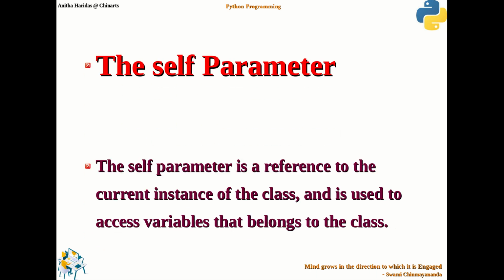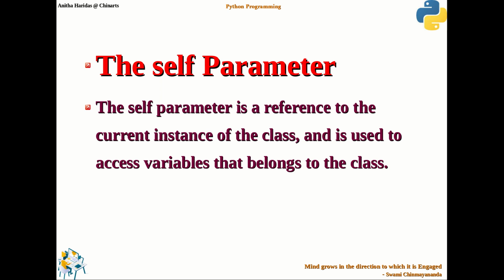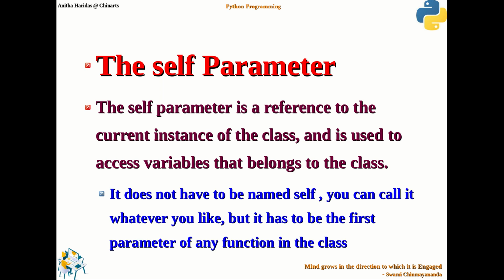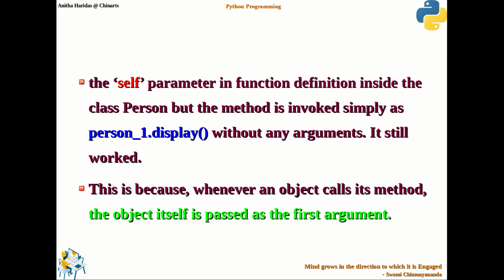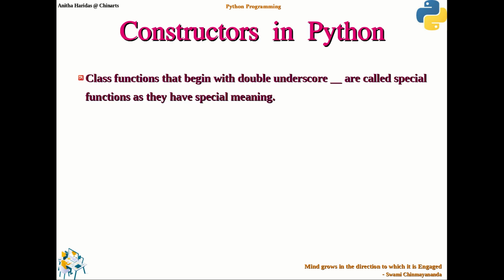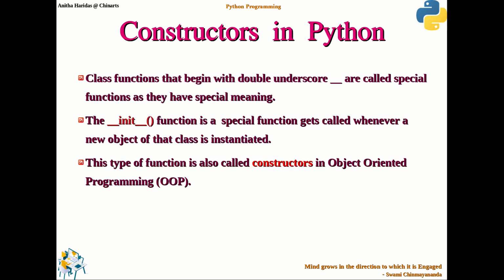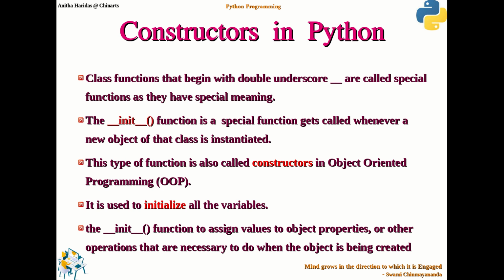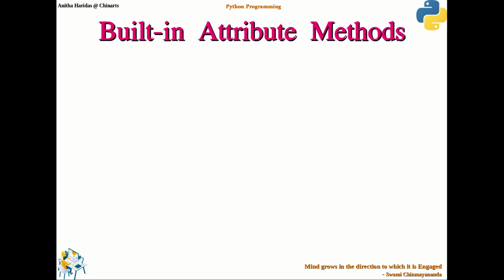We also saw the very important self parameter and how it is used as a reference to the current instance of the class. Then we saw some programs after discussing constructors in Python, how we define a constructor and how it is used to initialize the variables.